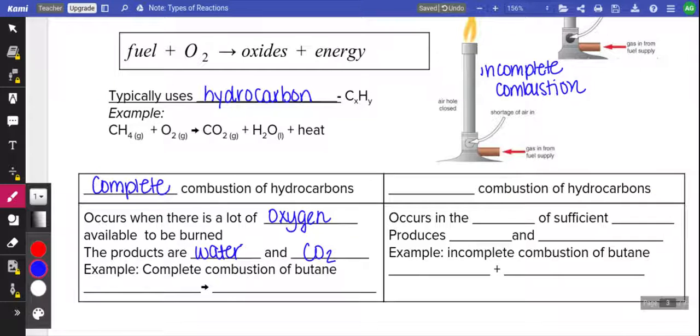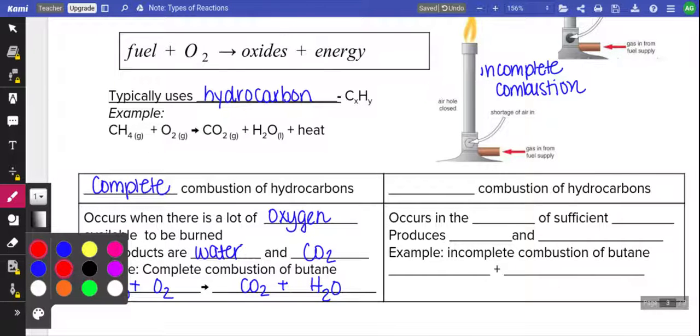If we take a look at the chemical formula, for example, for the combustion of butane, you have butane, which is C4H10, sorry. You have oxygen, which combines to make CO2 and water. Of course, this is not a balanced equation, so we're just going to balance it out.